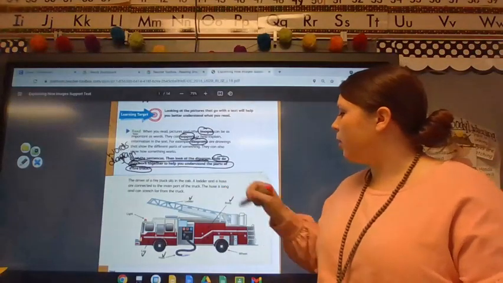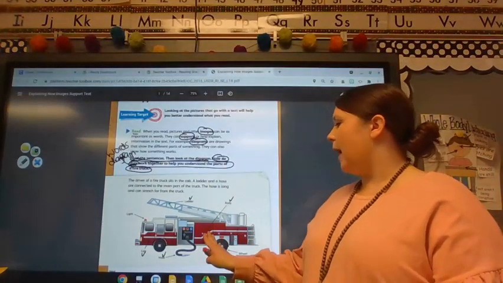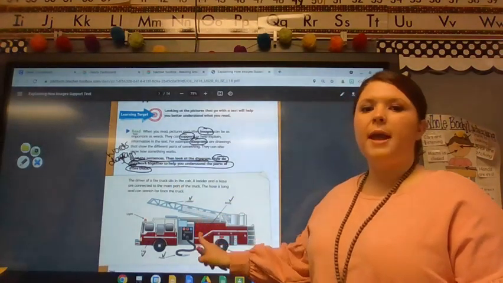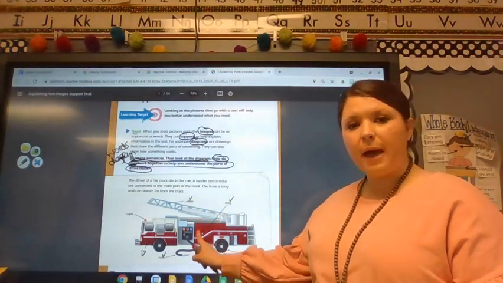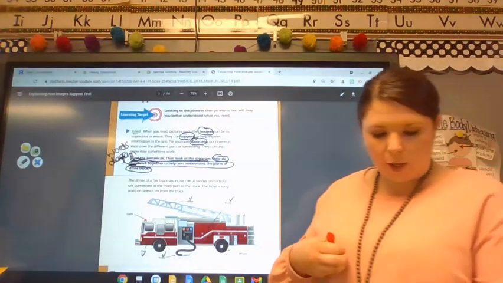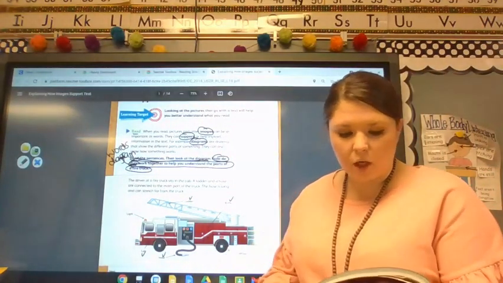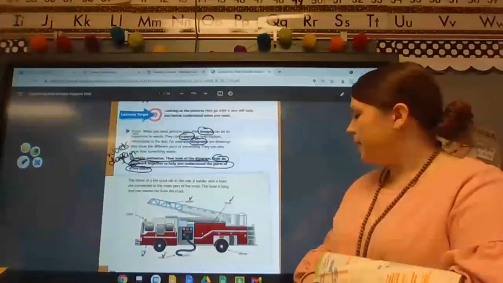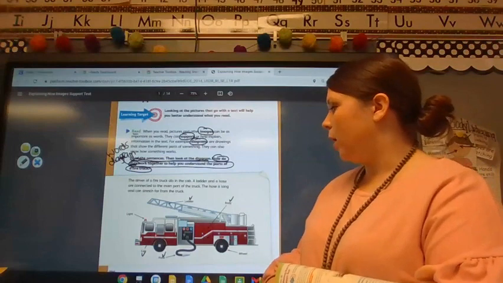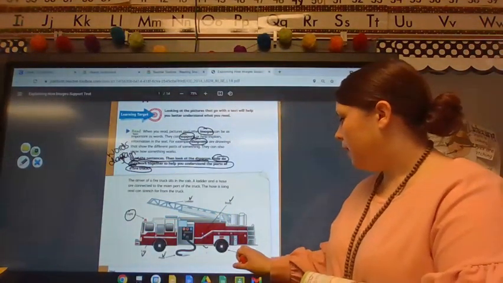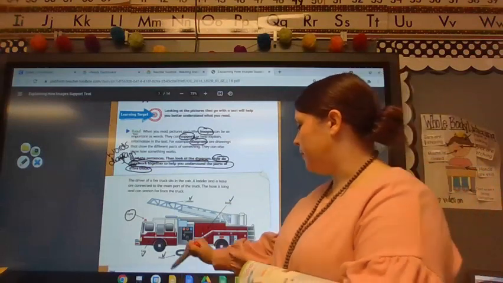So we're going to put a check mark above that too, because the words did talk about the main part of the truck. The diagram showed us that main part and told us that it was called the body. Now we're going to go through and we are going to circle the labels on the diagram that were not mentioned in the words. The light was not mentioned in the words, and the wheel was not mentioned in the words, was it?